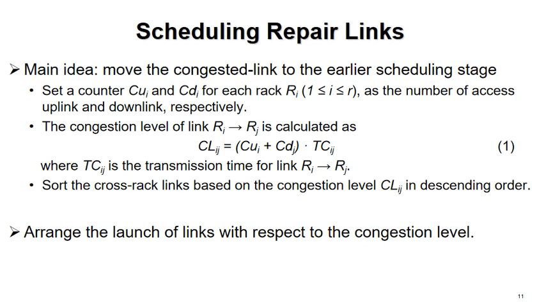Then, we sort each link based on the congestion level in descending order. The congestion level of the link reflects the bandwidth usage of the link. The higher the congestion level, the higher the occupancy rate of the bandwidth resources.